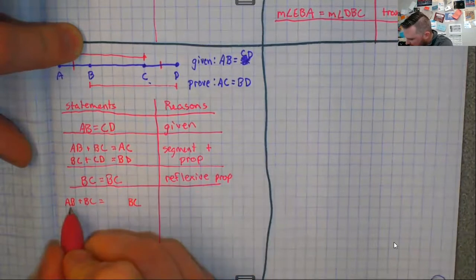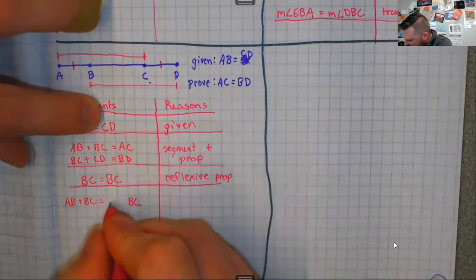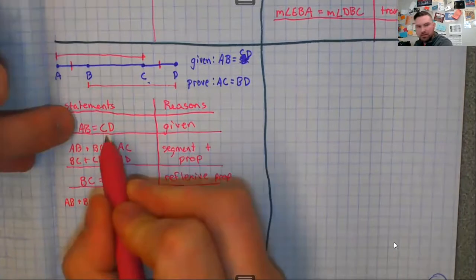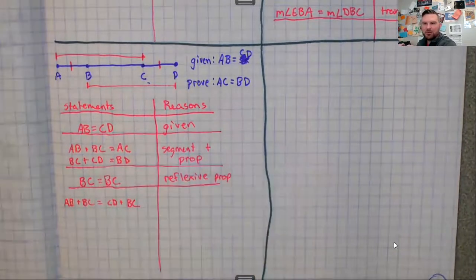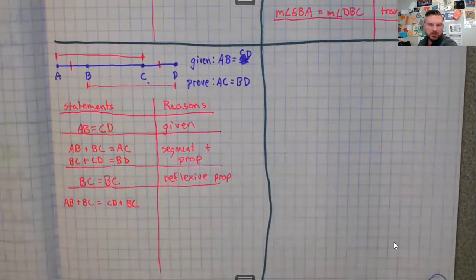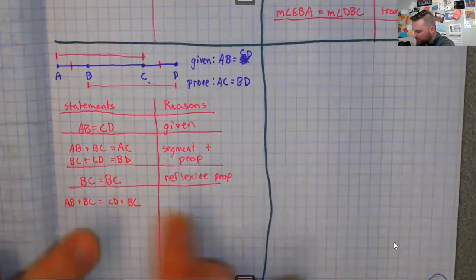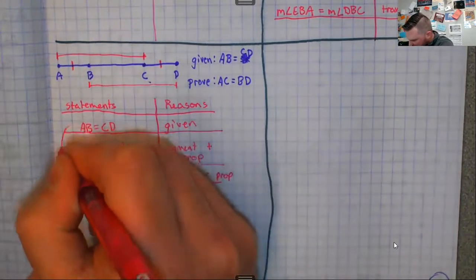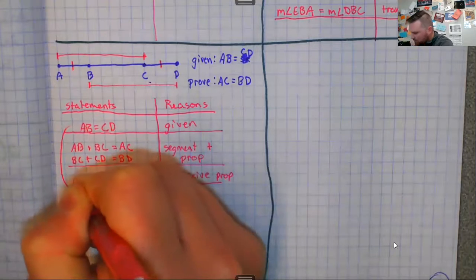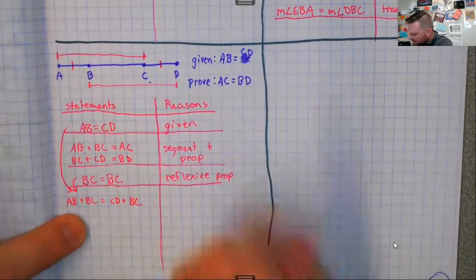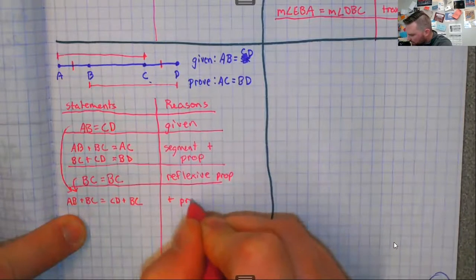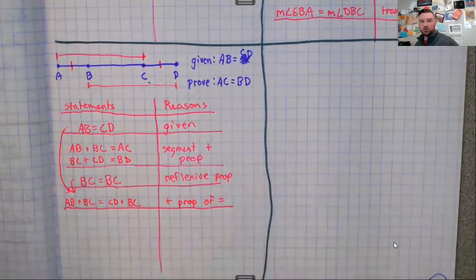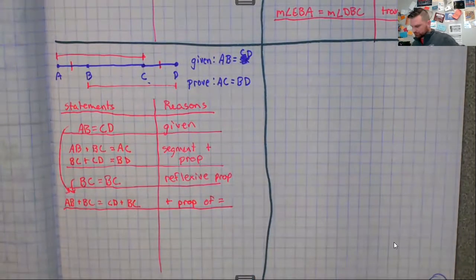And I'm going to add AB to this side, and I'm going to add CD to that side. These two are the same, so I can add them. It's like adding 5 to both sides of the equation. If they're the same, I can add them. So I took this equation right here, and I added this part to it. I combined these two steps into one. That's the addition property of equality. That is adding the same thing to both sides that is equal.